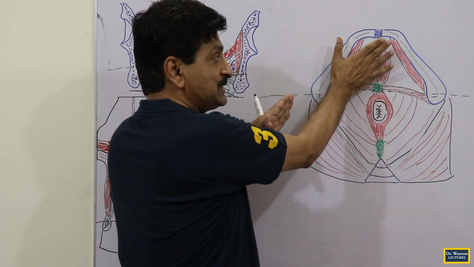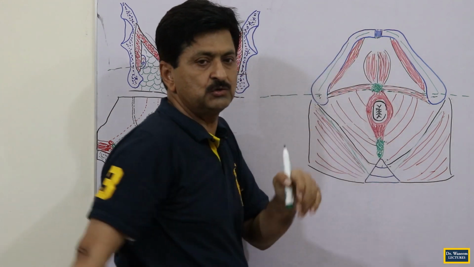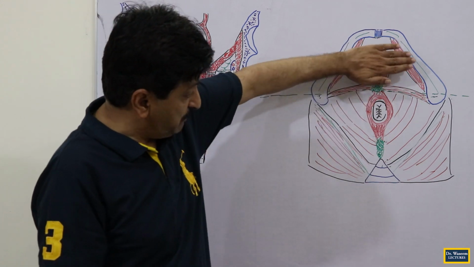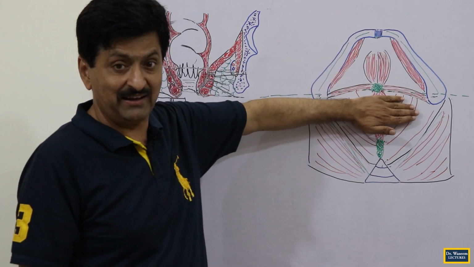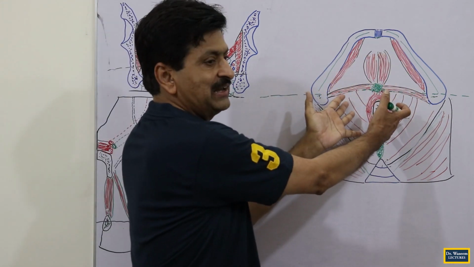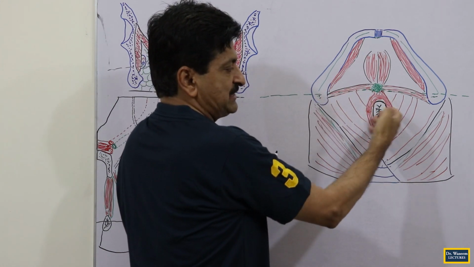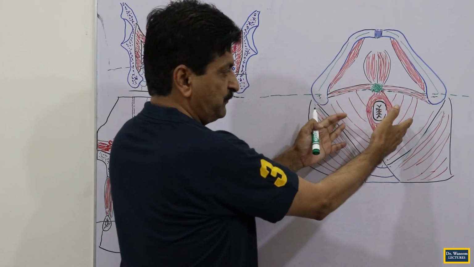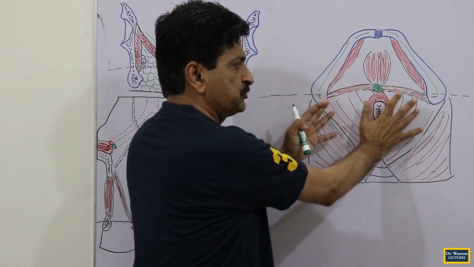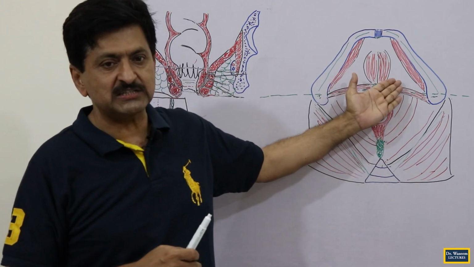In the urogenital triangle, because the Colles fascia is there, the fat cannot go deeper into the urogenital area, as the Colles fascia stops it. But in the anal triangle, because the Colles fascia is not present, the fat can easily fill these gaps on two sides of the anal canal. How much will it fill? It will be filled until the undersurface of the pelvic diaphragm. Why don't you see the undersurface of the pelvic diaphragm here?